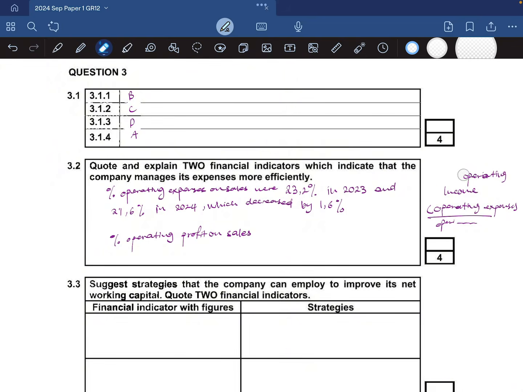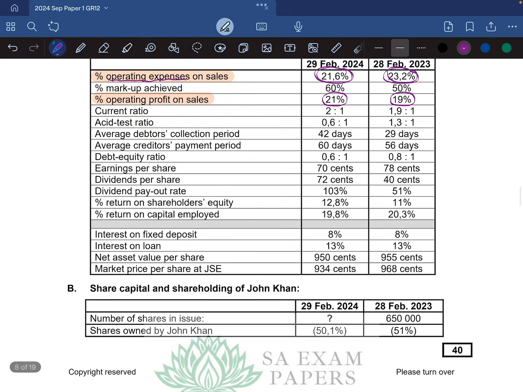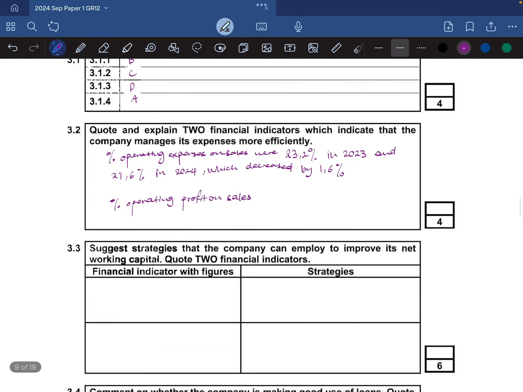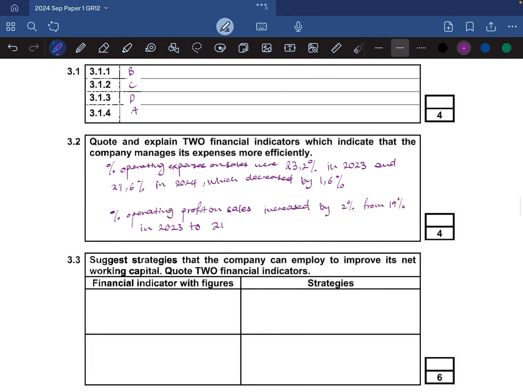Okay, so that's it. Now when we look at the percentage operating profit on sales, we know that in 2023 it was 19%. So here we can just say increased by 2% from 19% in 2023 to 21% in 2024.